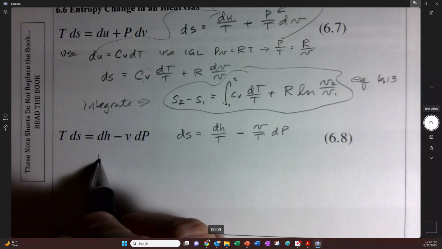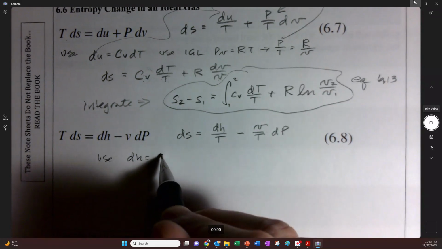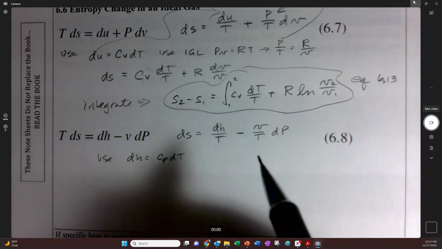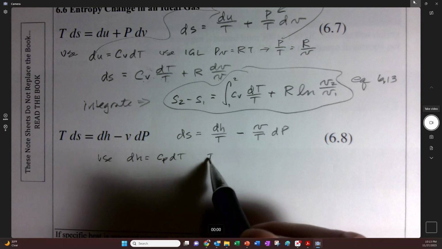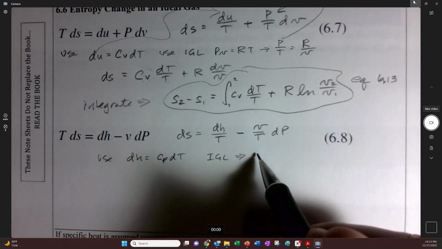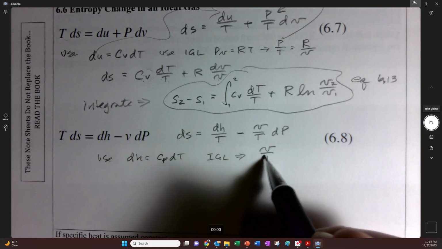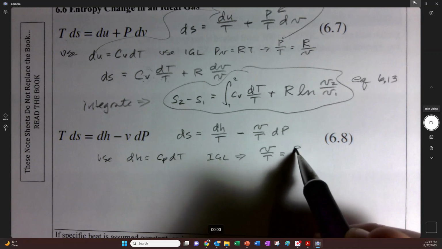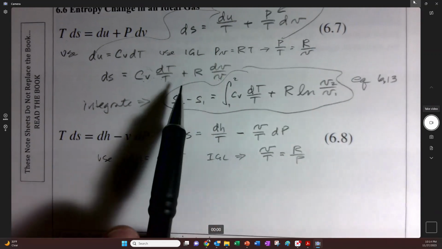We use that dH can be found from Cp dT, and we also can use the ideal gas law rewritten as V over T equals R over P. You can look back up to here and see that it makes sense.